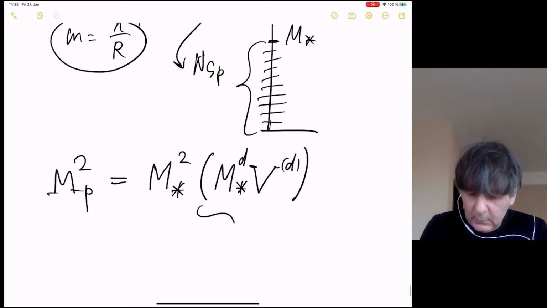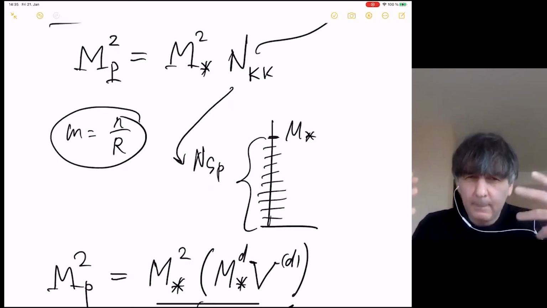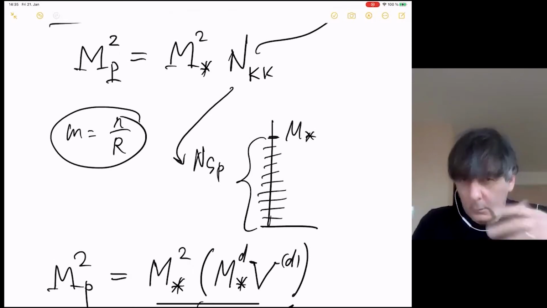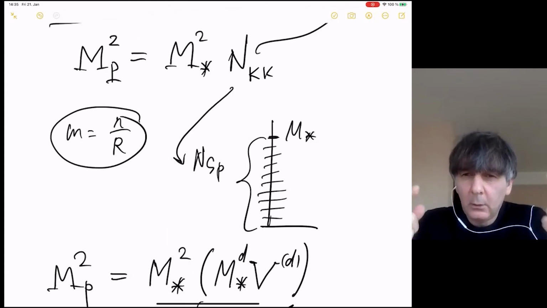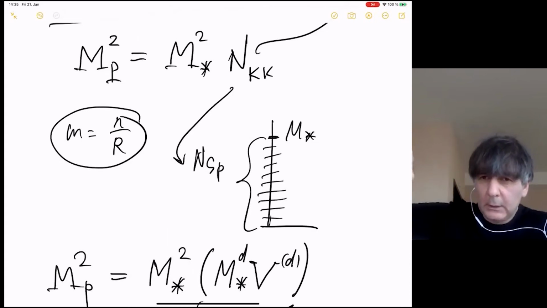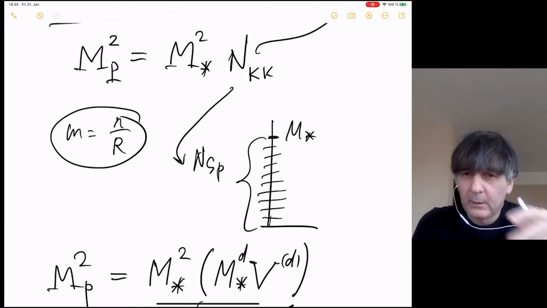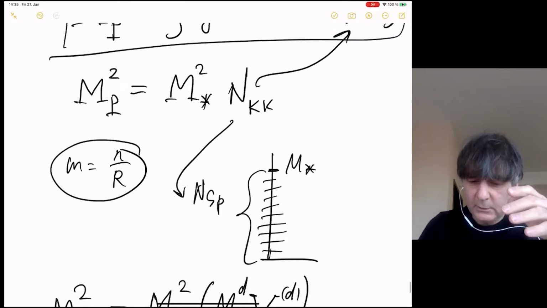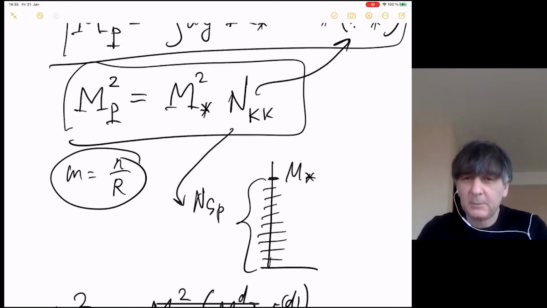And this quantity is always the number of Kaluza-Klein species. So, in other words, Kaluza-Klein theory or large extra-dimensional theory is simply a particular case of the existence of a large number of particle species lowering the gravitational cutoff of the theory relative to the Planck mass. So this relation is universal, and here it's explicit.